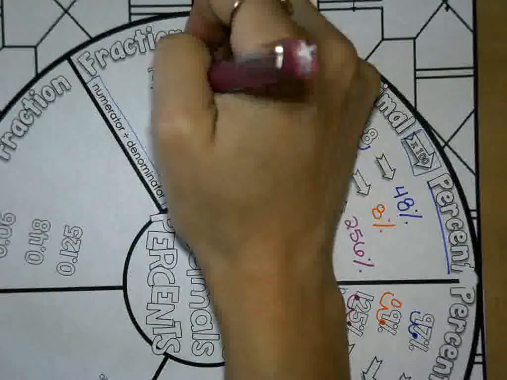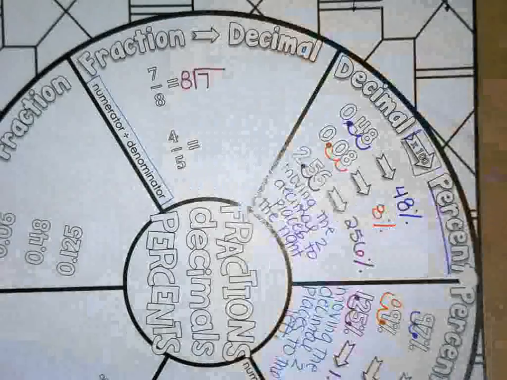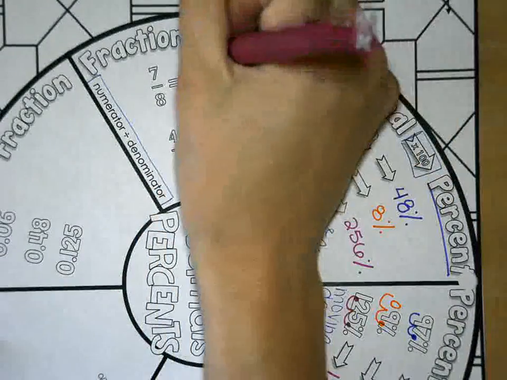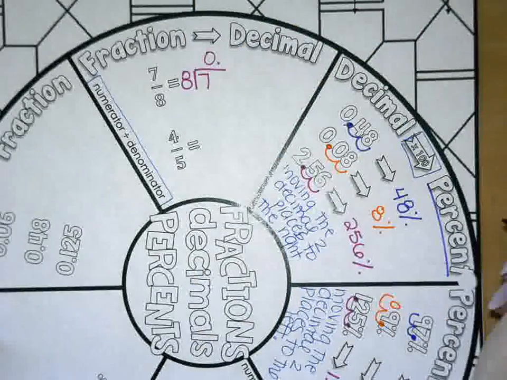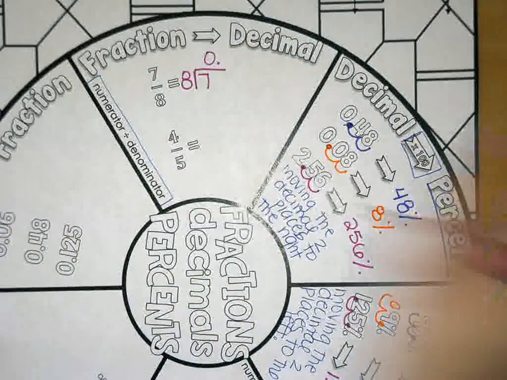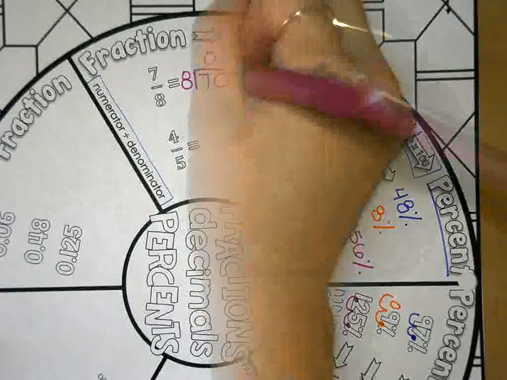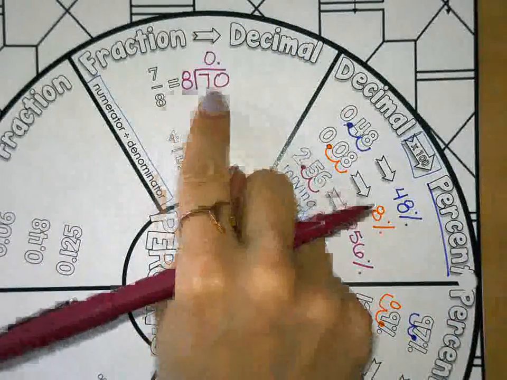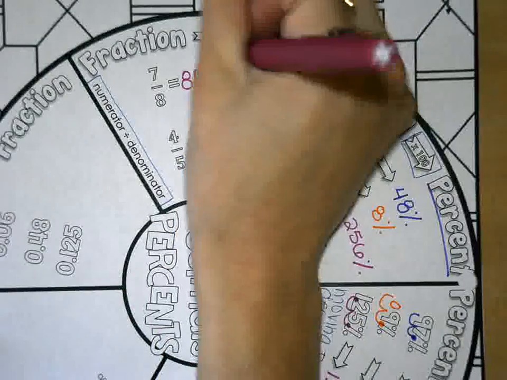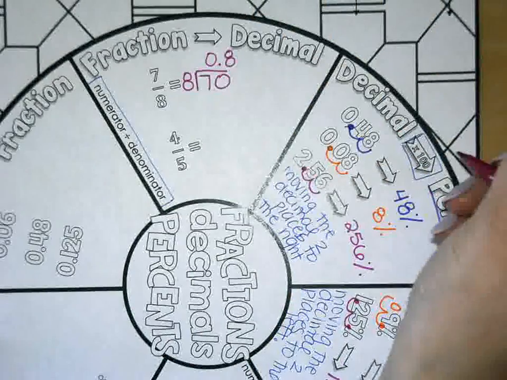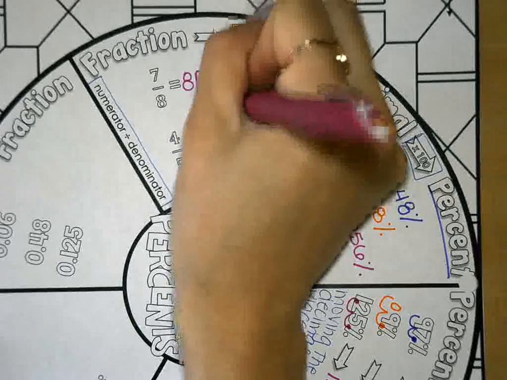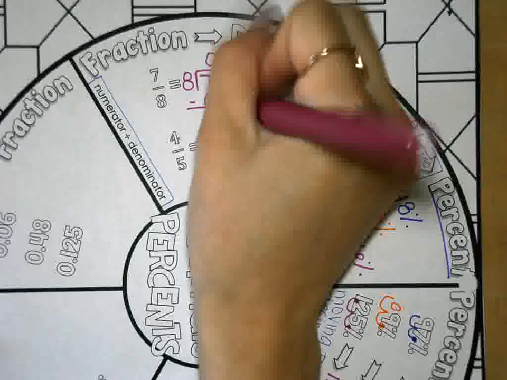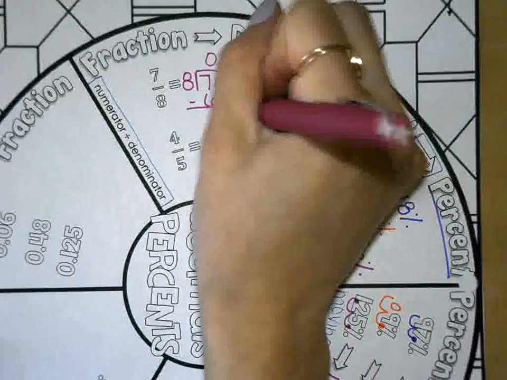So 7 goes in the house, 8 goes on the outside. 8 cannot go into 7, so I put a 0 and a decimal up top. Then I will add a 0 next to the 7, so now I'm asking myself, 8 goes into 70 8 times. Because 8 times 8 is 64. 70 minus 64 is 6.